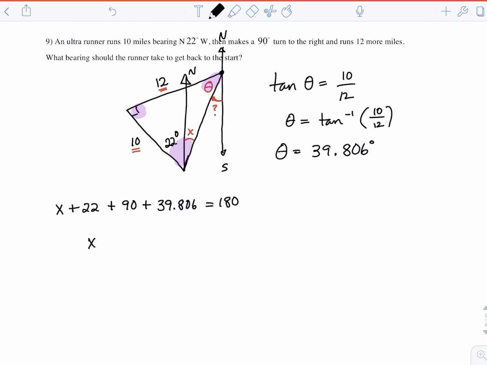Or in other words, x is equal to 180 minus the 22 minus the 90 and also minus the 39.806. Sorry, I knew I wasn't going to remember that one, so I had to write it down.